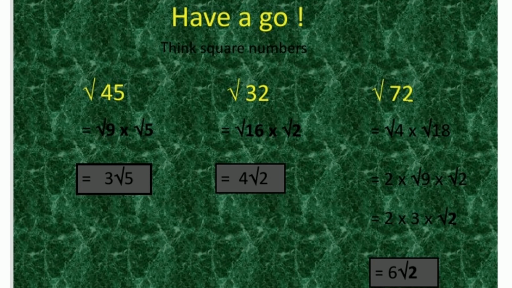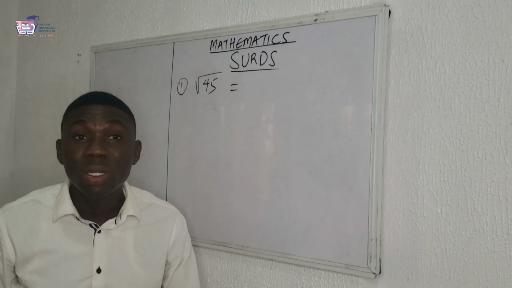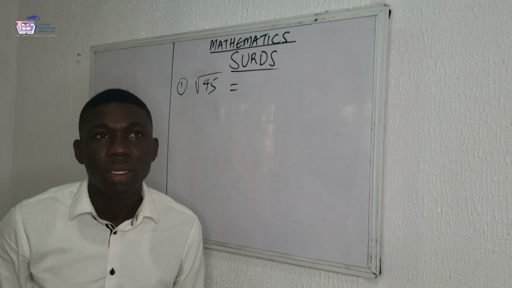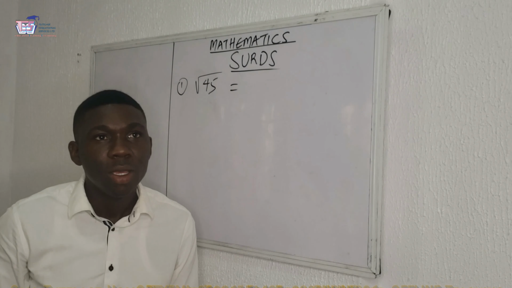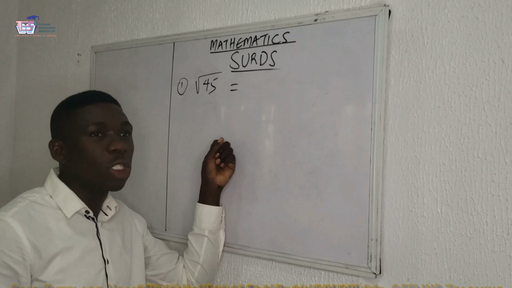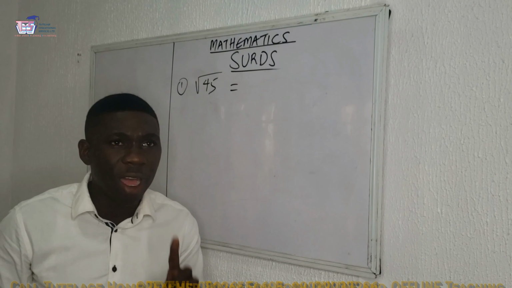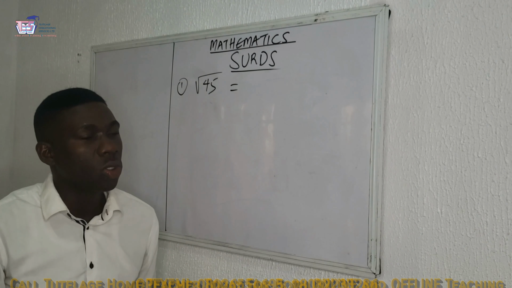Remember the rule: once you have noticed that the number is a non-perfect square, express the number as a product of its factors, but make sure that at least one of the factors is a perfect square. If neither of the factors is a perfect square, then you are not doing the right thing. Now let's express 45 as a product of its factors.